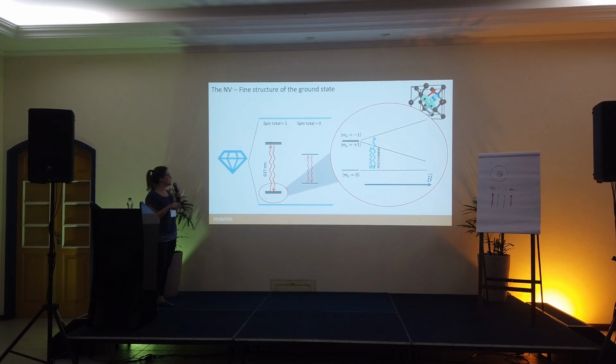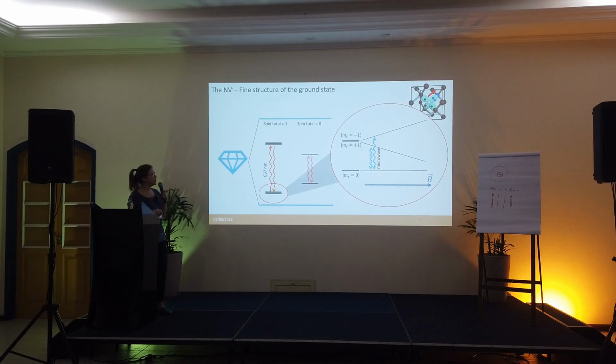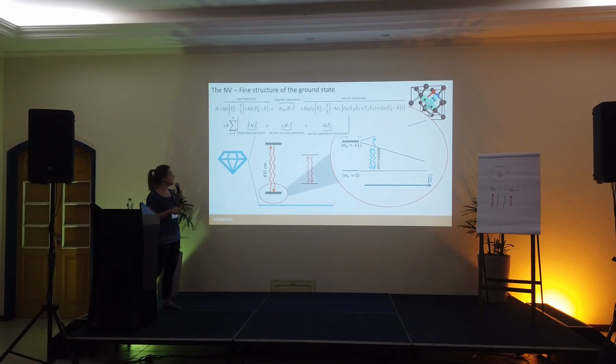We can drive optical transitions between these two states. We also have a singlet manifold over here. Our spin 1 ground state looks a little bit like this. It has these non-degenerate spin sublevels even at zero magnetic field. But then we can further apply a magnetic field to the system and split these degeneracies, and then we can use microwave pulses to drive transitions between these spin states.